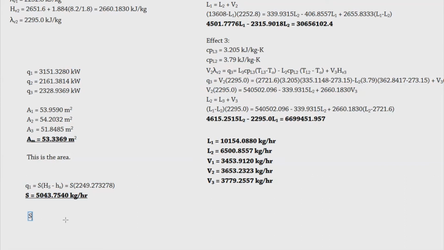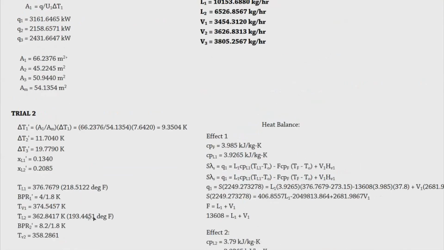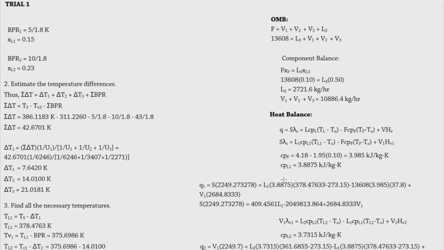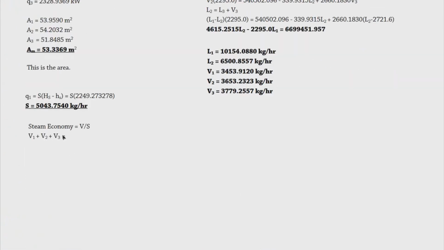So now let's move on with the steam economy. We know very well that the steam economy is the vapor over the steam, and if it's multiple effect, then you should add all of the vapor to obtain the total vapor. That's how simple it is. This total vapor was actually obtained before, equal to 10886.4 kilograms per hour.